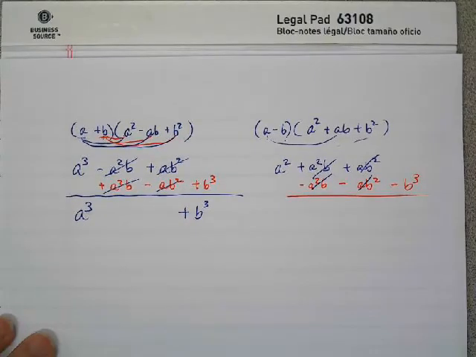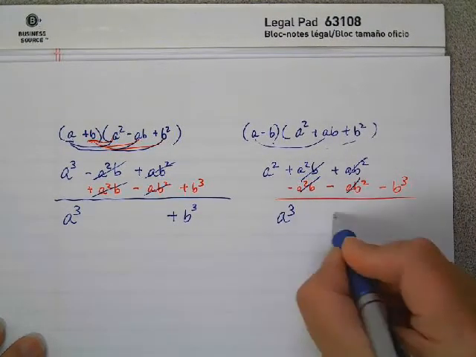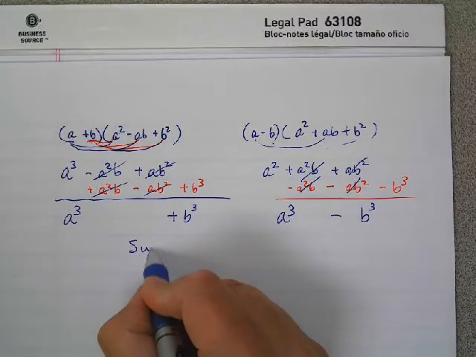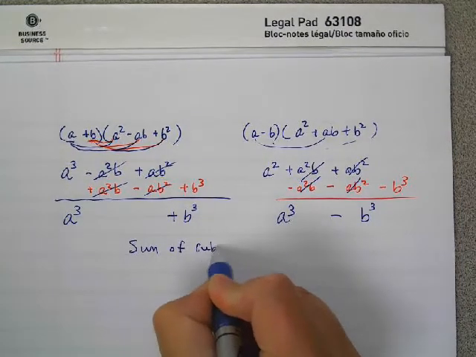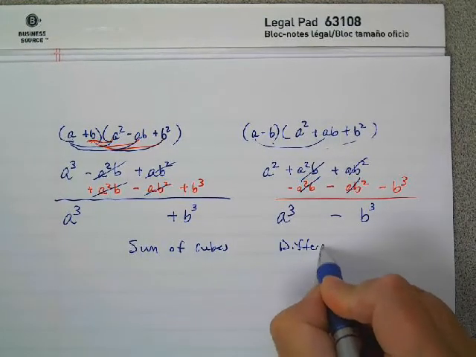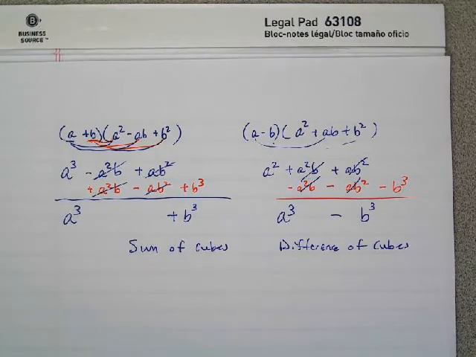So what I'm left with on this one is a cubed minus b cubed. The special case that goes with this is called the sum of cubes. That's this one. This one is called the difference of cubes. This is something you didn't talk about in Algebra 1.